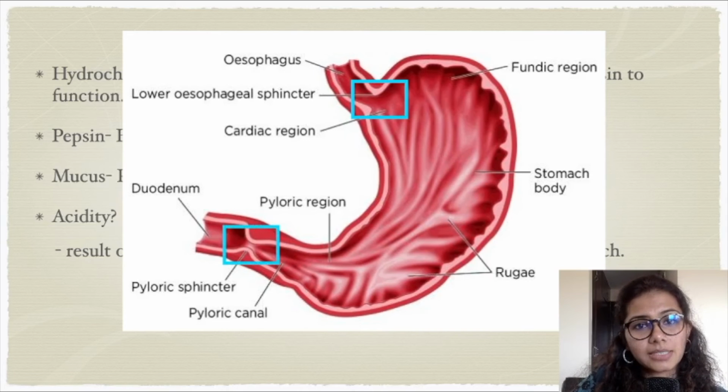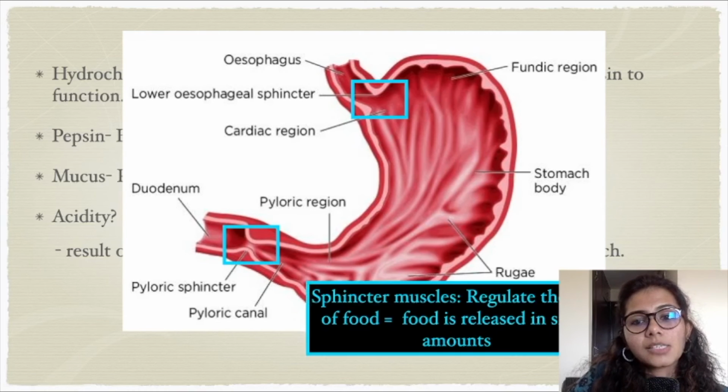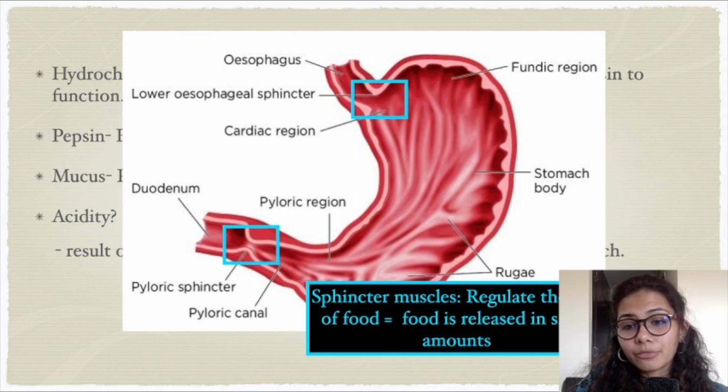A pinching sort of muscle is there, and such muscles are called sphincter muscles. So what do sphincter muscles do? They regulate the controlled exit of food. Ultimately, food is released in small amounts with the help of these sphincter muscles.